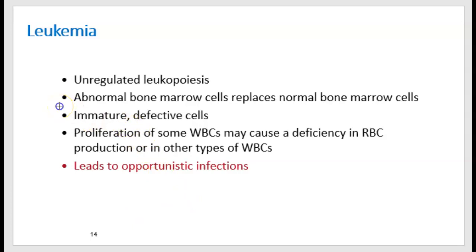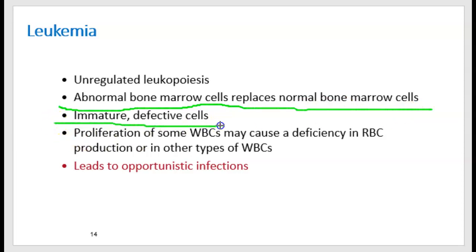And unfortunately, because it's a cancer, these abnormal stem cells in the bone marrow replace normal bone marrow cells. And you end up with lots of white blood cells that are immature and defective. Now, that could result in a deficiency in red blood cell production or in certain types of white blood cells. It depends on the type of leukemia.